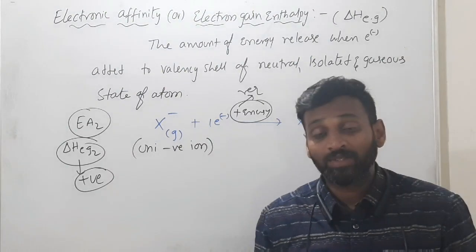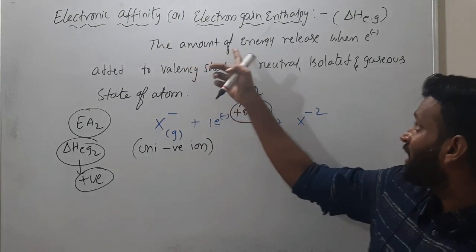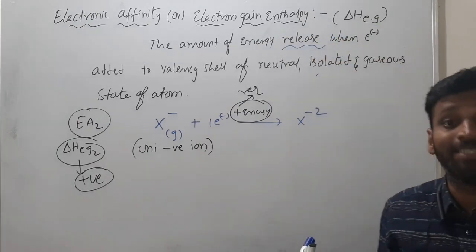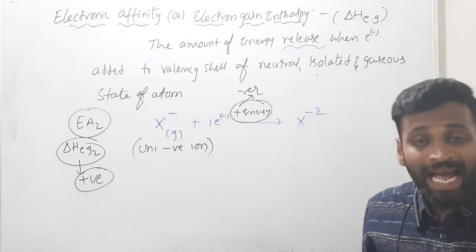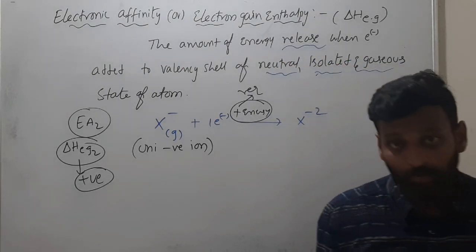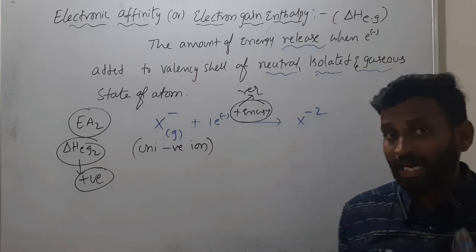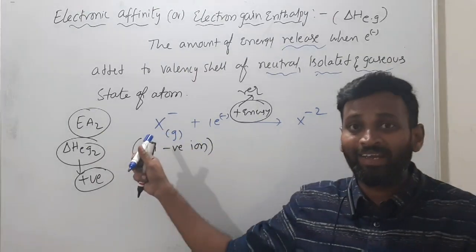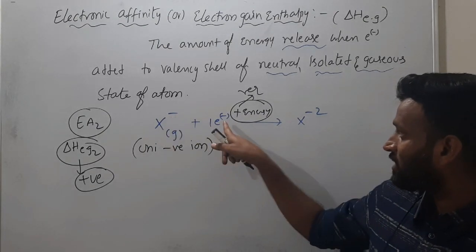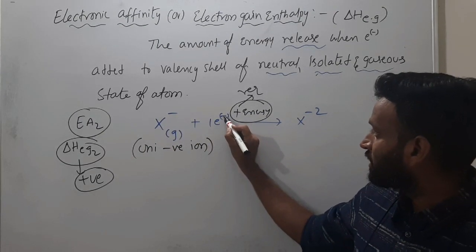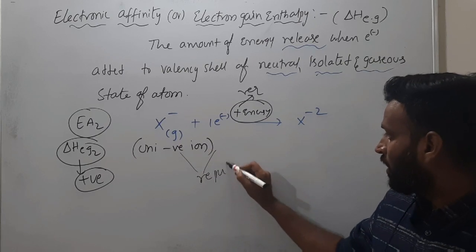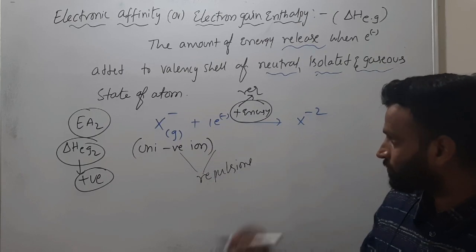Why? Sir, you only gave the definition: the amount of energy released. Released, but when you add an electron to a neutral isolated gaseous state atom. But if you are adding an electron to an anion, a negative charge is already there. The anion has negative charge, the electron is negative, so there are repulsions.